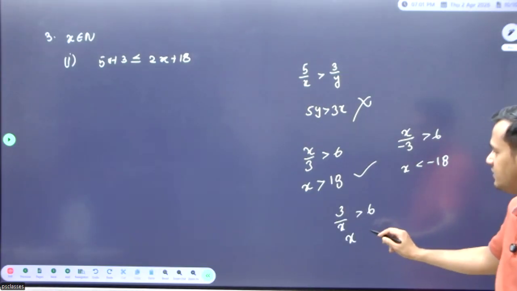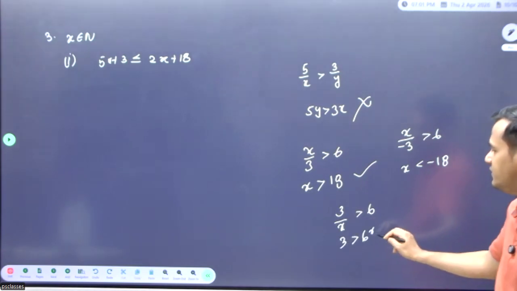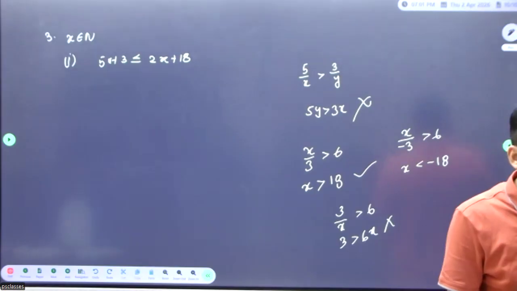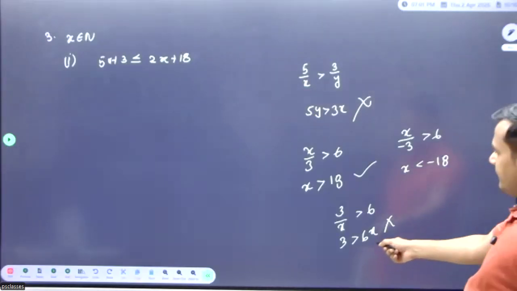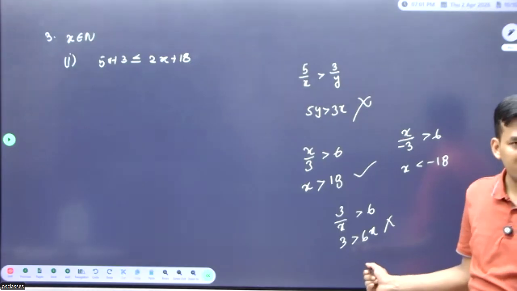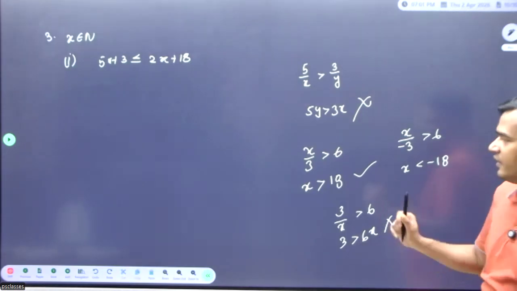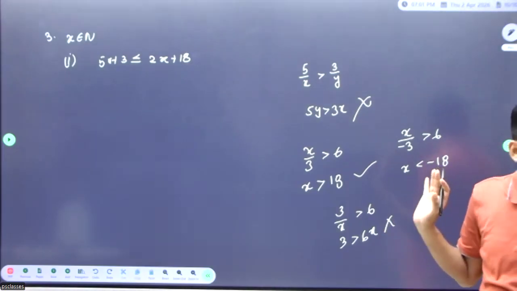I cannot write 3 greater than 6x. This is not valid because x is unknown. X can be positive or negative. So this is not valid. Understood? In cross multiplication you have to take care of positive or negative.